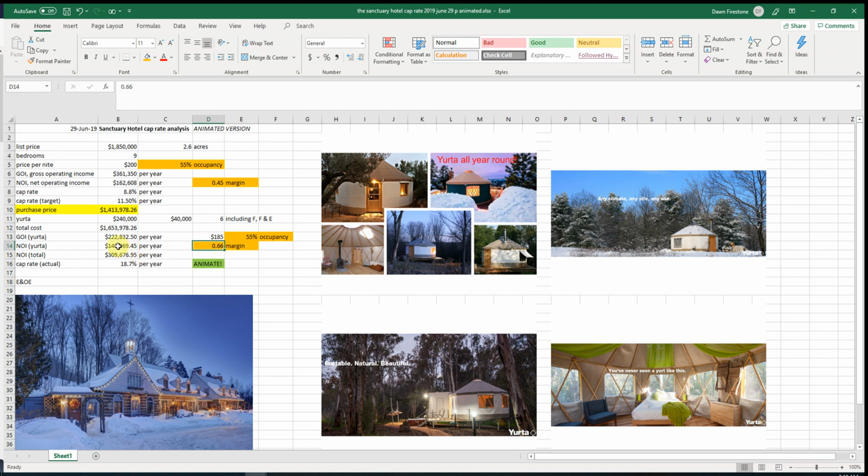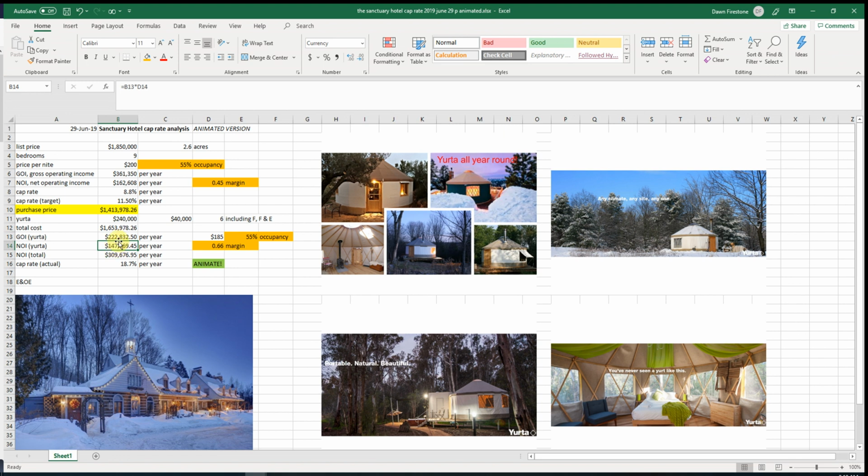So it means that your gross operating income, again, just highlighting that, is 6 yurts times $185 a night times 365, times 55% occupancy, hit enter again, you get 222,000. Your net operating income is simply the gross operating income times the margin, so it's about $147,000.